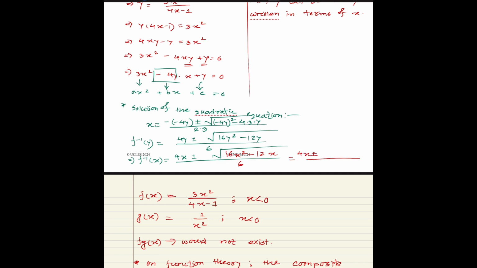Let's take 4 as a common term, so 4x plus or minus the square root of 4x times (4x minus 3), divided by 6.